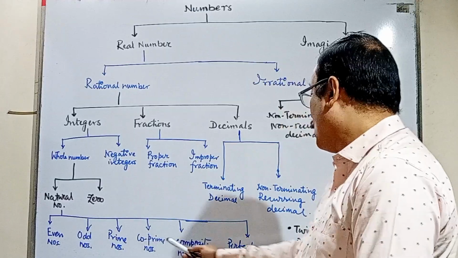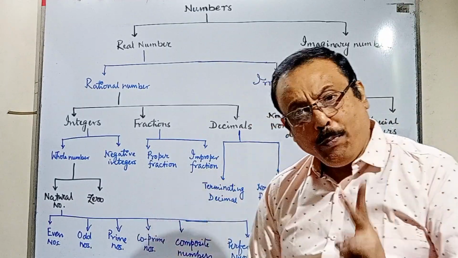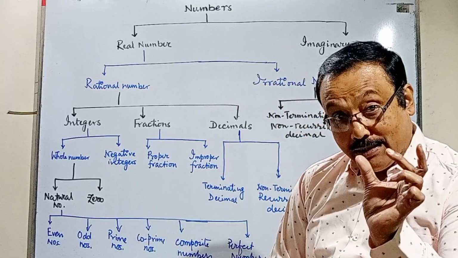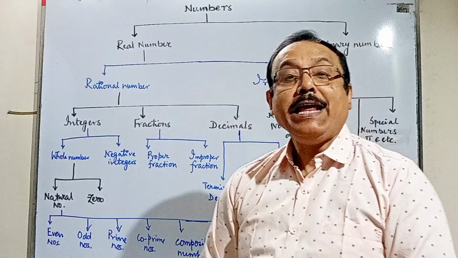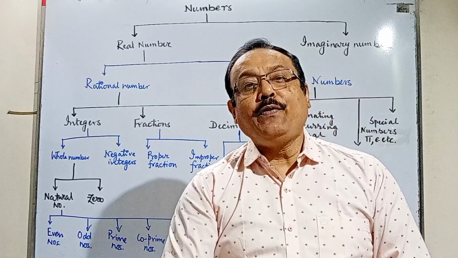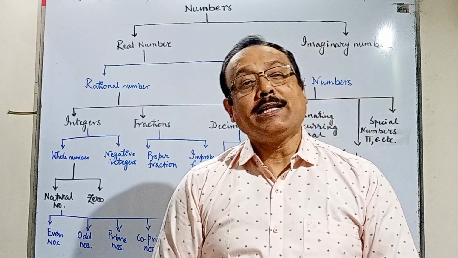Next is co-prime numbers. Co means same. Two numbers are said to be co-prime if they have no common factor other than 1.